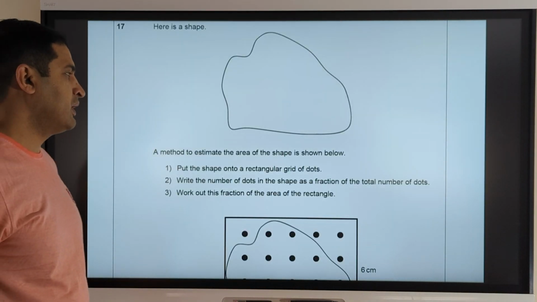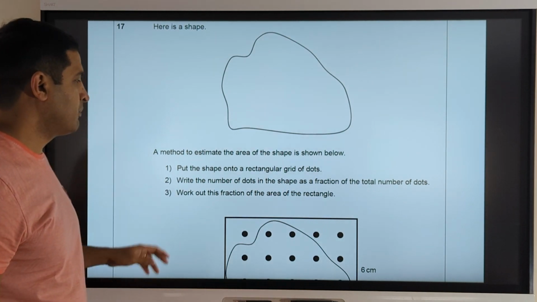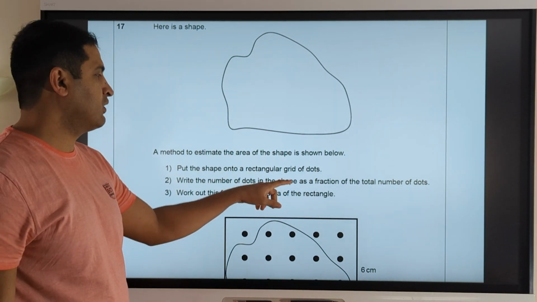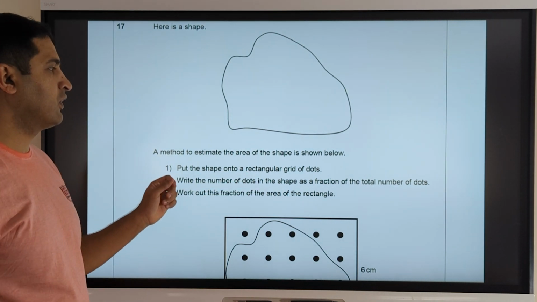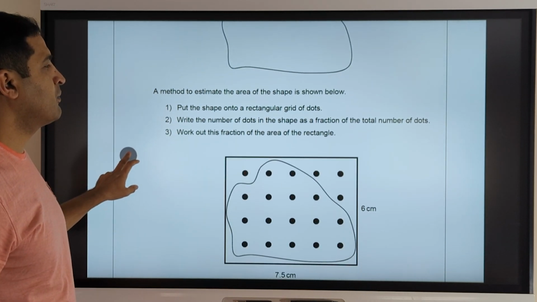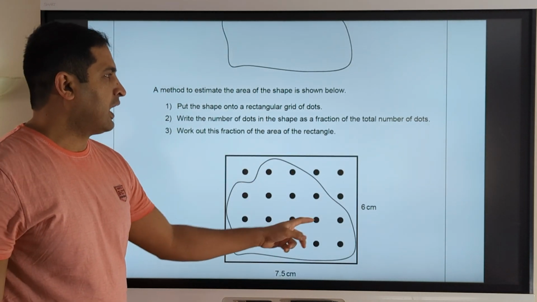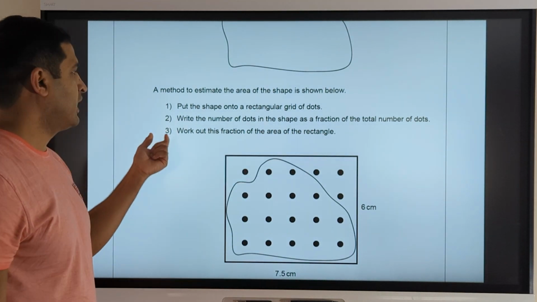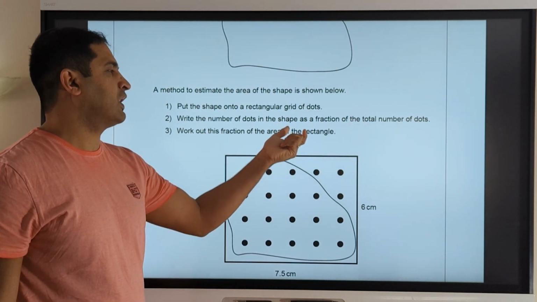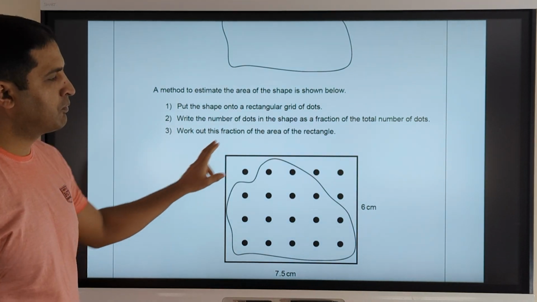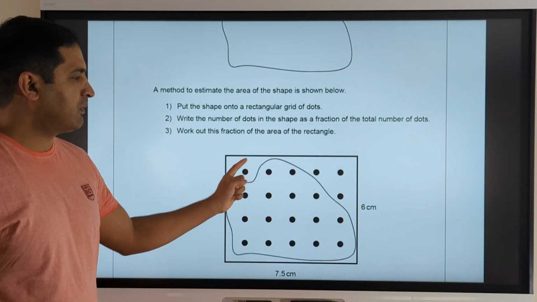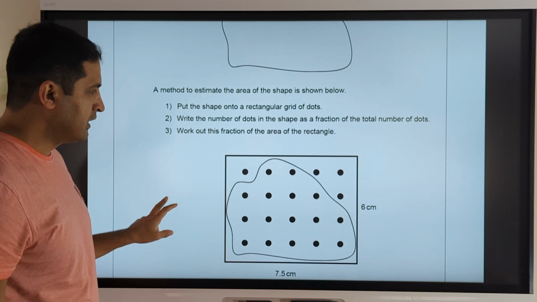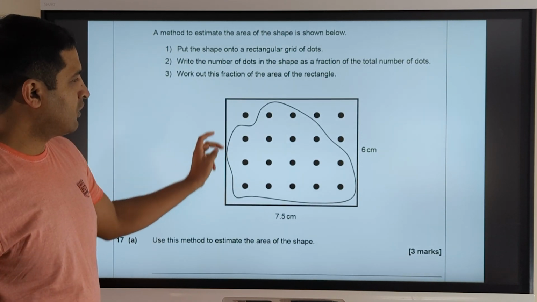The method to estimate the area of the shape is given below. Put a shape on the rectangular grid of dots. Write down the number of dots in the shape, then as a fraction of the total number of dots, and work out this fraction of the area of the rectangle. So we put the rectangle on top and we're saying this shape includes 16 of the 20 dots.